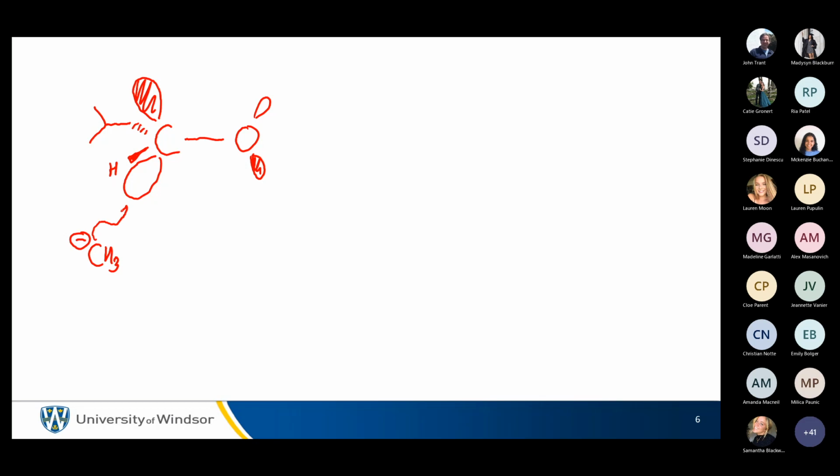If we attack the bottom one, we get that product.